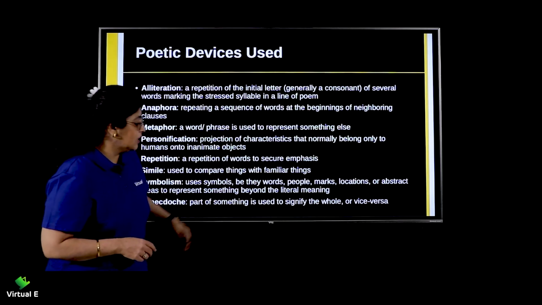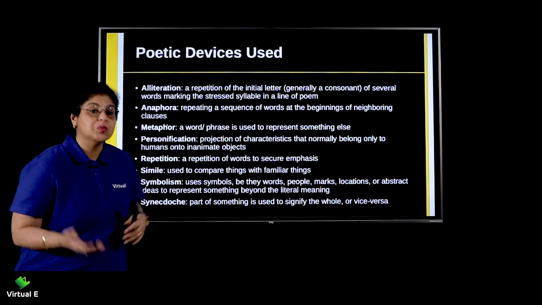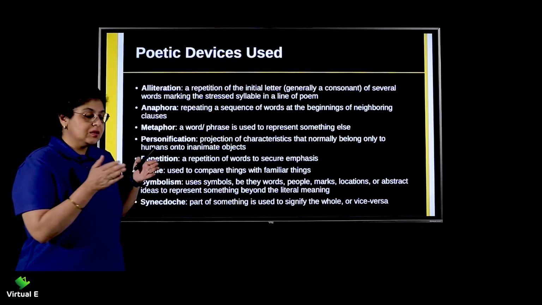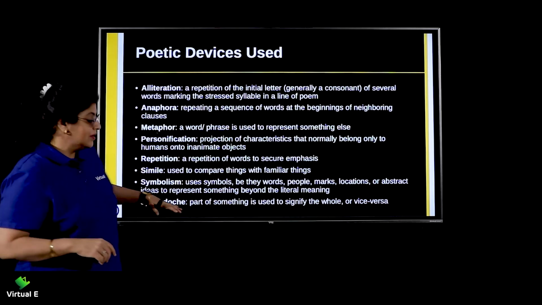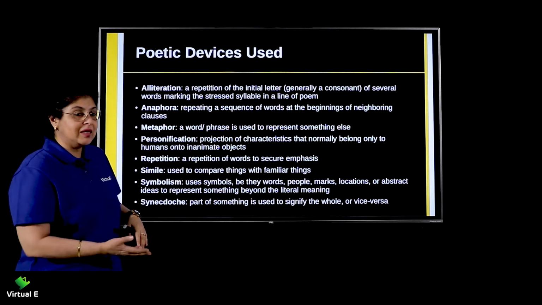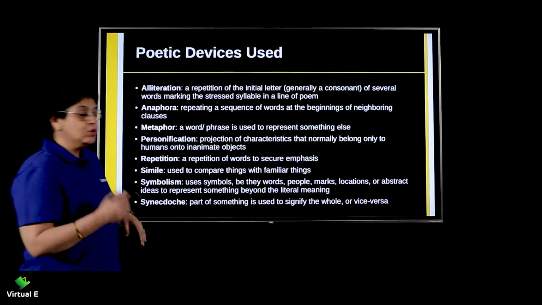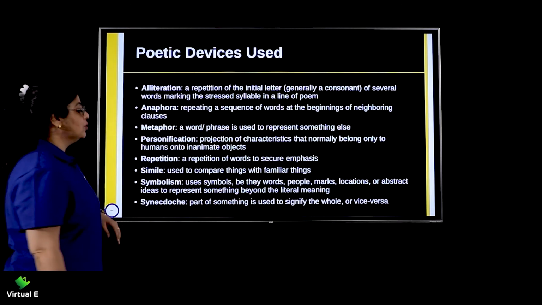Synecdoche is part of something used to signify the whole or vice versa. Either the part represents the whole or the whole represents a part of it. That's synecdoche. So when we go ahead with the lines, you will understand better. So let's move further and get to know it all.